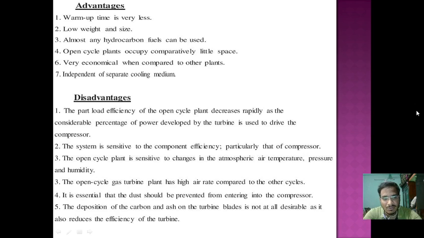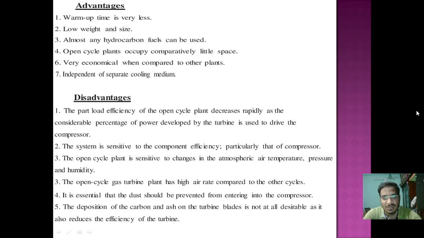Disadvantage: the part load efficiency of an open cycle plant decreases rapidly as the working of the cycle goes on. After some time, the part load on the turbine, compressor and combustion will vary and it will reduce.